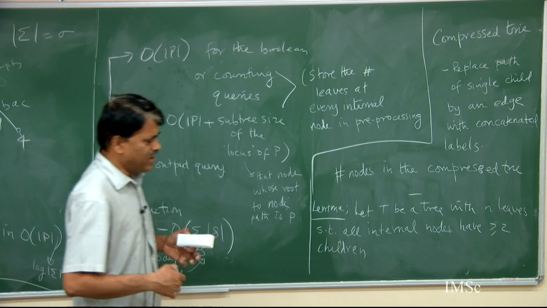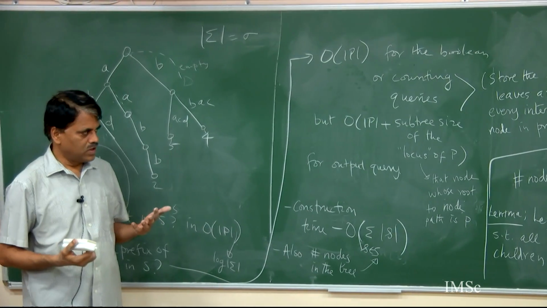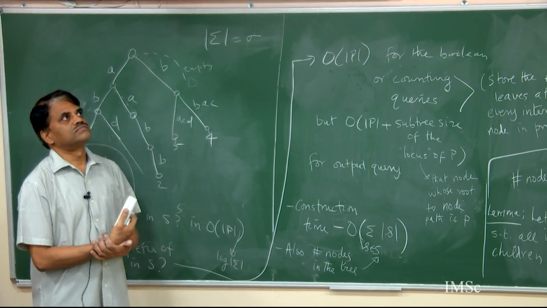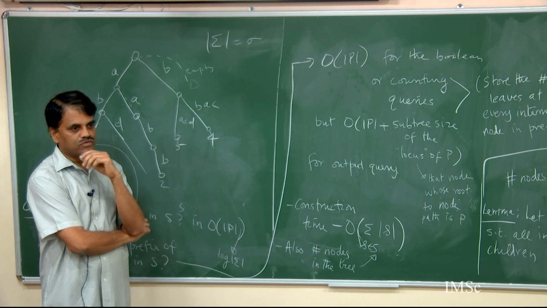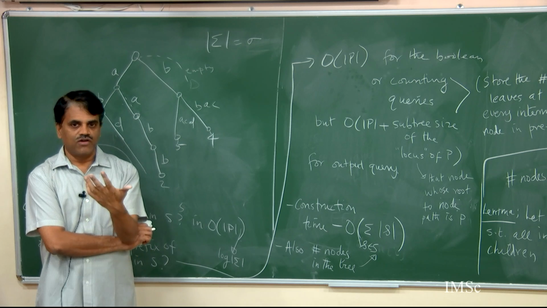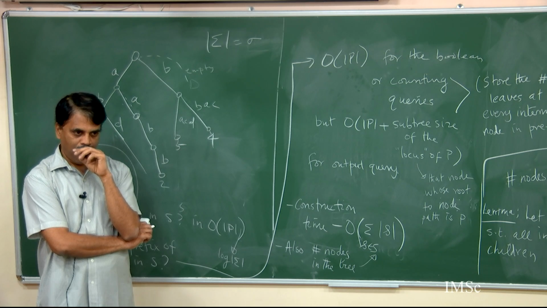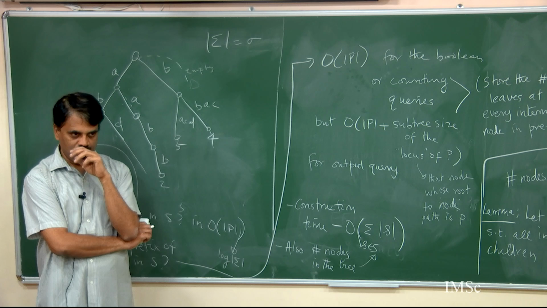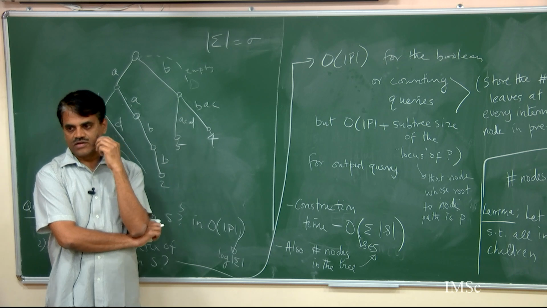Which means that essentially there is no degree 2 vertex in the tree except possibly the root. Okay. So, can you have lots of nodes? What is the average degree of a tree? What is the average degree of a tree?